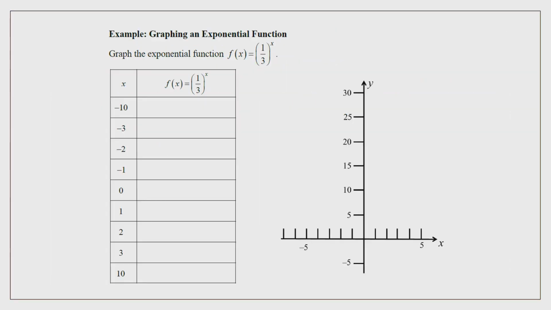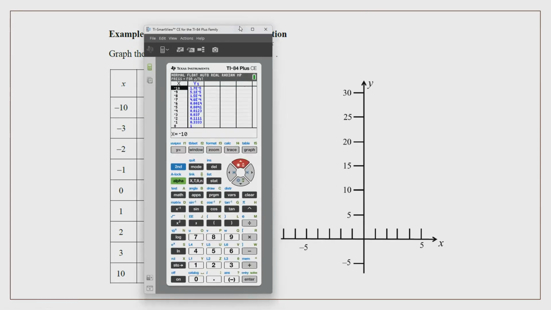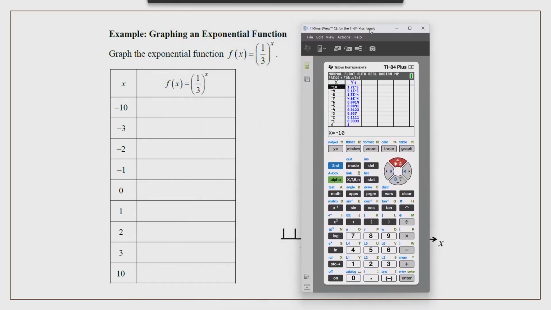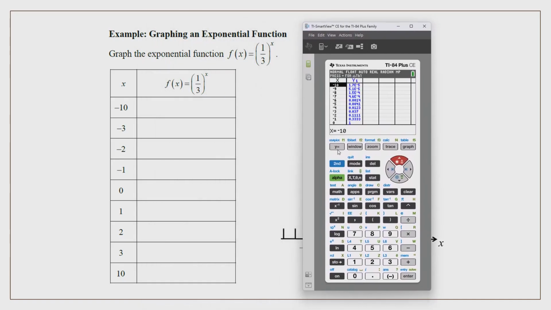Now in this example, we're asked to graph the exponential function f of x equals (1/3) to the power x. Let's grab our calculator to help us complete our table. We're going to go to y equals. I'm going to clear my previous function, and enter in 1/3 to the x. So I'll get my fraction, 1/3.